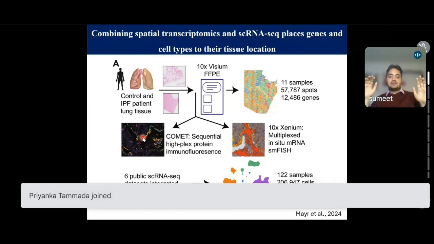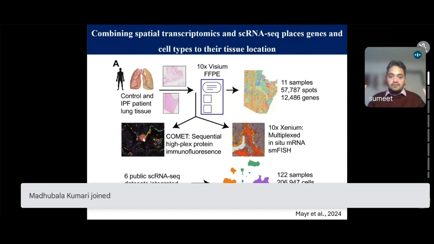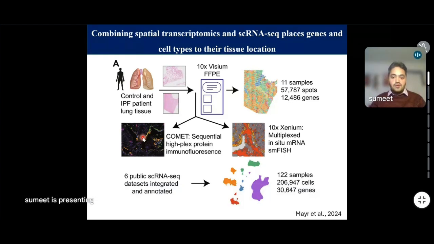So just to quickly summarize this slide, imagine you have a tissue, and in the tissue, you can look at individual cell types. You can look at the gene expression in individual cell types, and you can also look at the protein expression in every single cell type without disturbing the tissue. That is a lot of information, from different types of cells, different tissue coming from different locations, and so on.